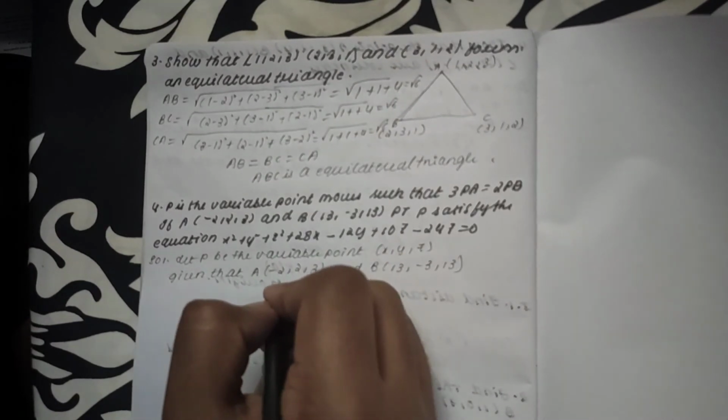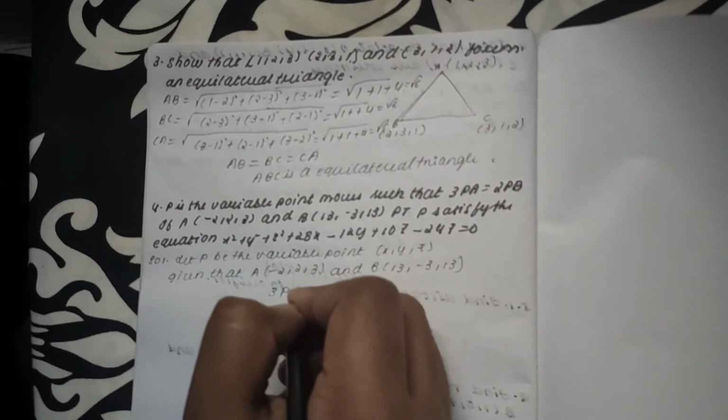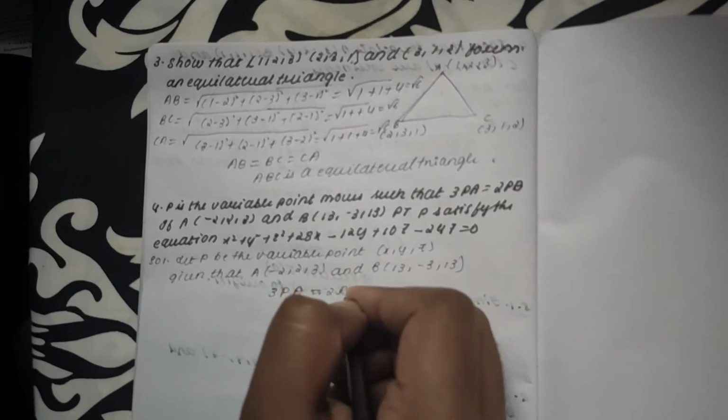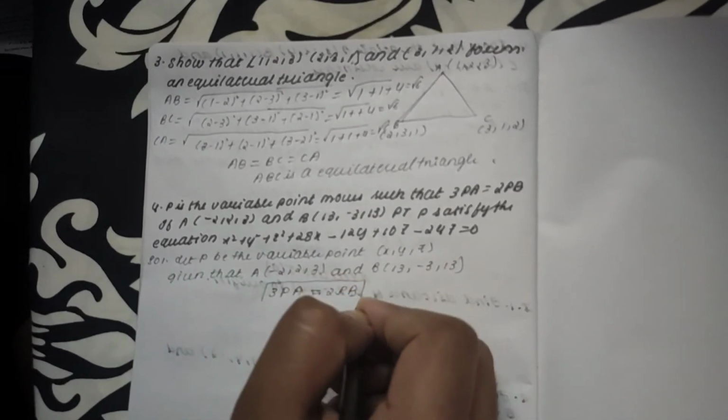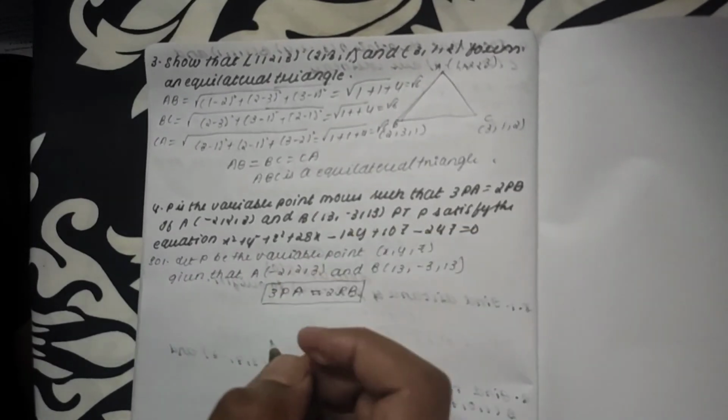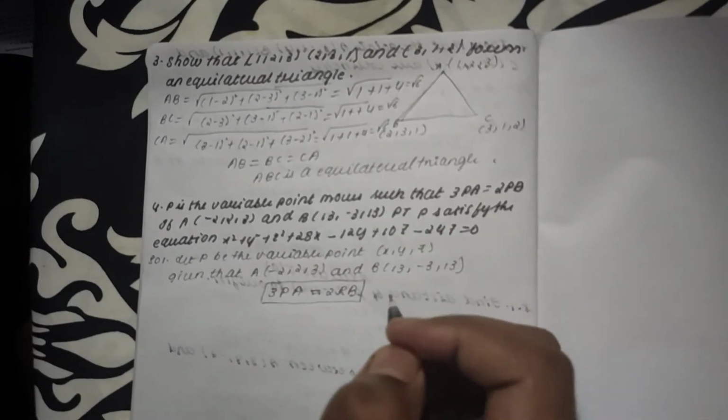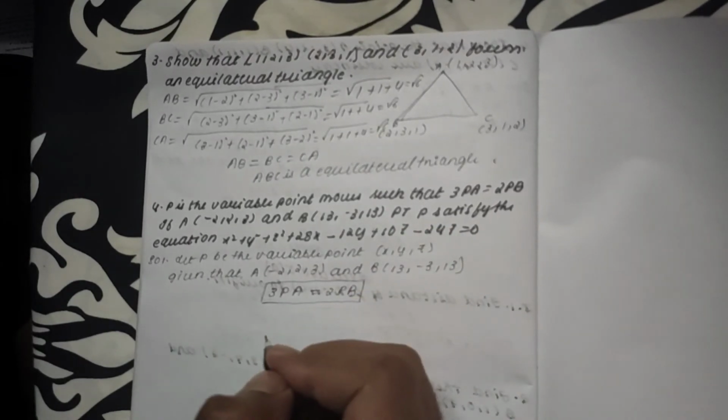The given geometric condition is 3PA equals 2PB. Everything is given in the question itself. The only thing you have to do is to substitute these values carefully.